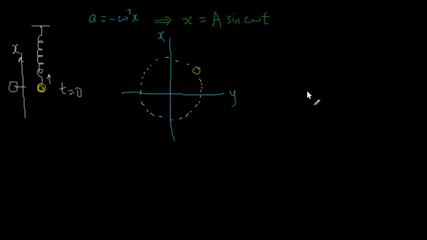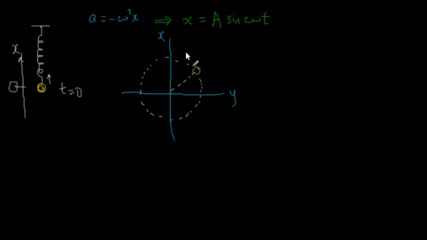So let's see how that is. Now we have seen that x is given by this formula. So now let's think about the velocity. I'm just going to draw a line from the origin to the ball. So that length is the radius.